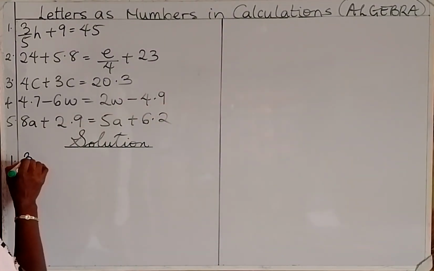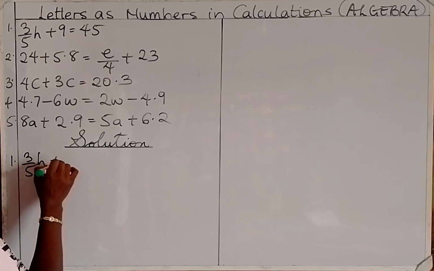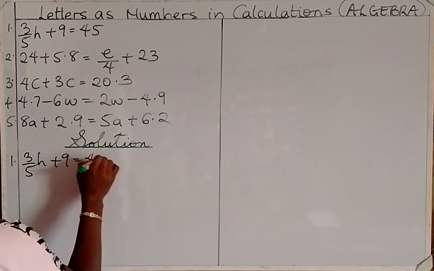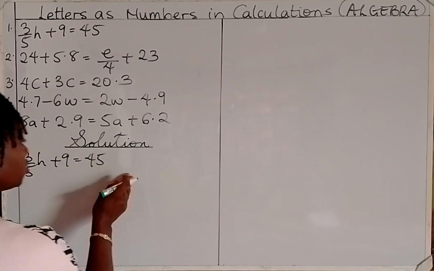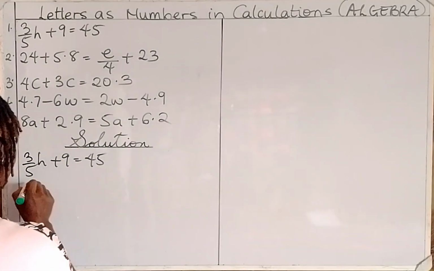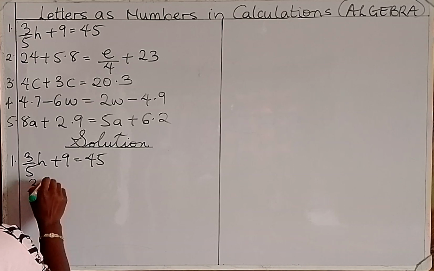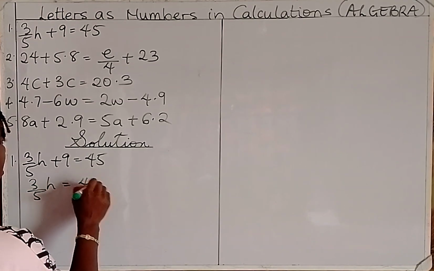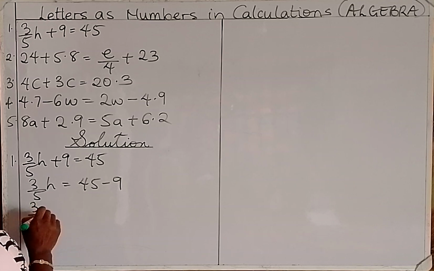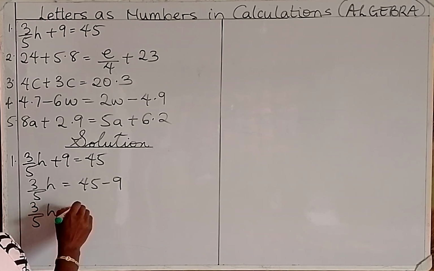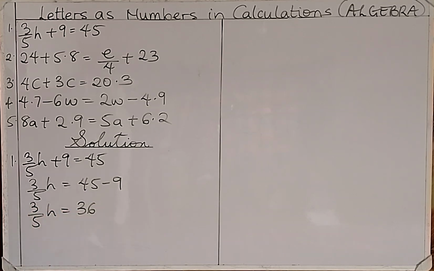We have 3 over 5 h plus 9 equals 45. So what do we do here? We move the 9 to the other side, plus 9 to the other side, and this becomes 3 over 5h equals 45 minus 9. Okay, so this becomes 3 over 5h equals what? 36.